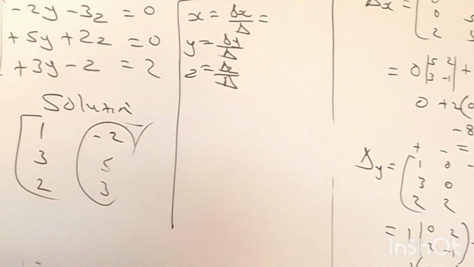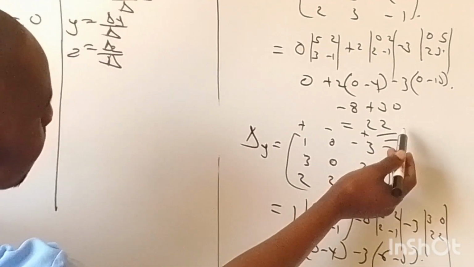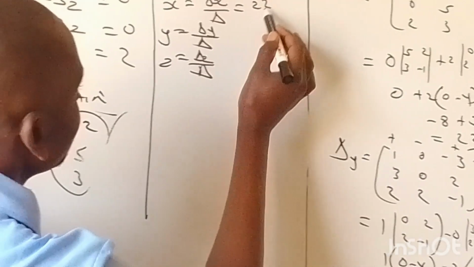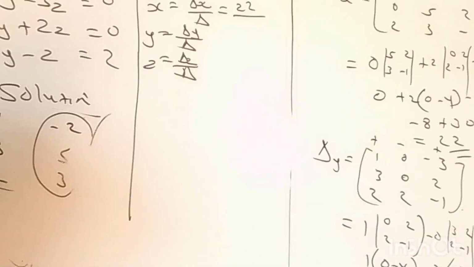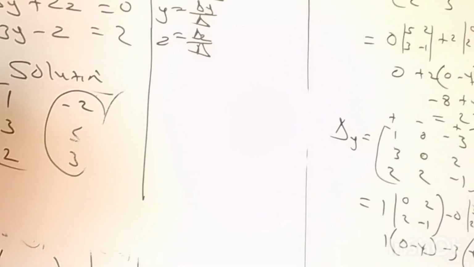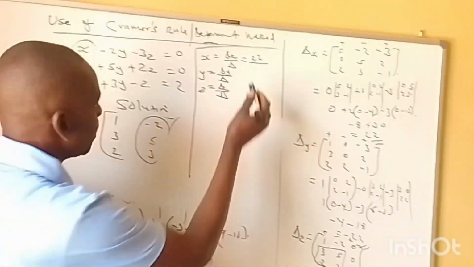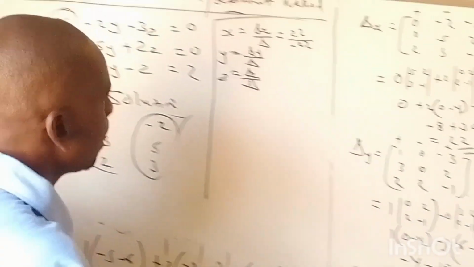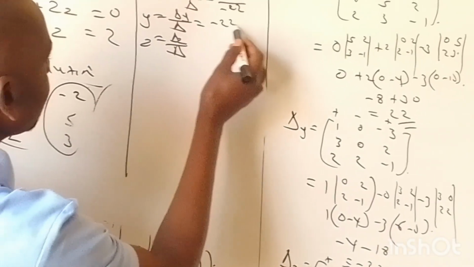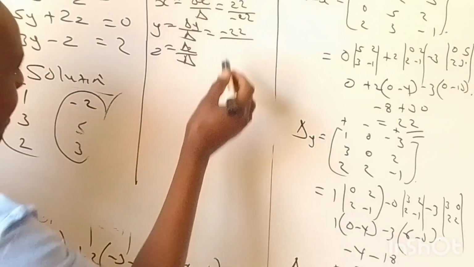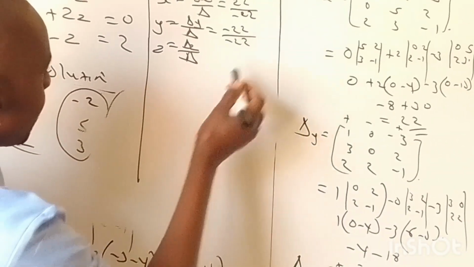So X, the determinant of X was 22. So that 22 is divided by the determinant of the initial matrix, which was negative 22. Then the determinant of Y, which is negative 22, divided by negative 22 again.